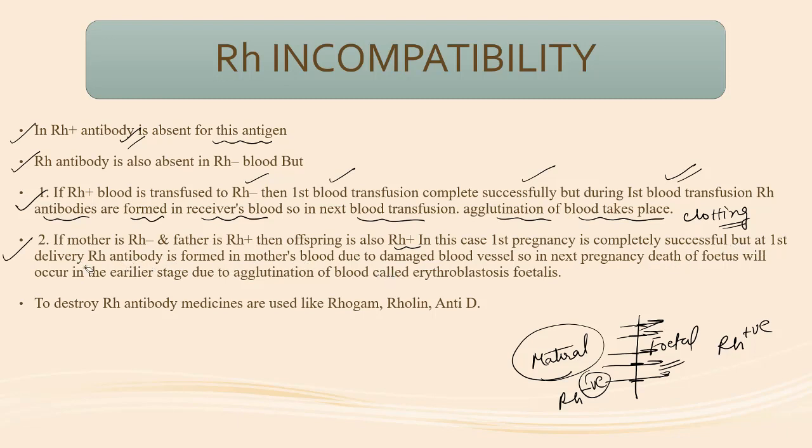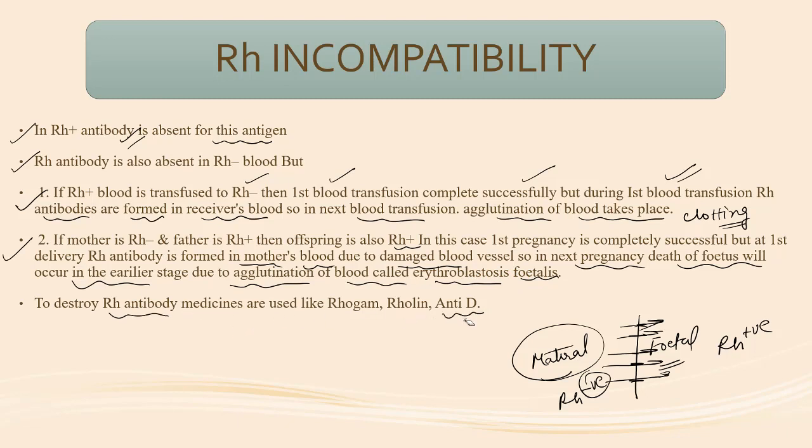At first delivery, Rh antibodies form in the mother's blood due to damaged blood vessels. So in the next pregnancy, death of the fetus will occur at an early stage due to agglutination of blood, which is called erythroblastosis fetalis. This condition is known as what? Erythroblastosis fetalis.